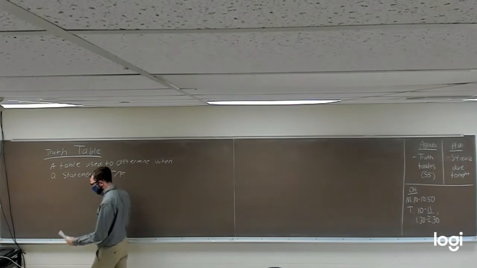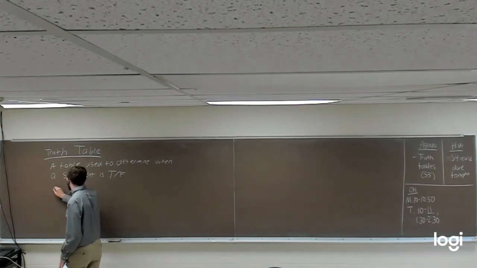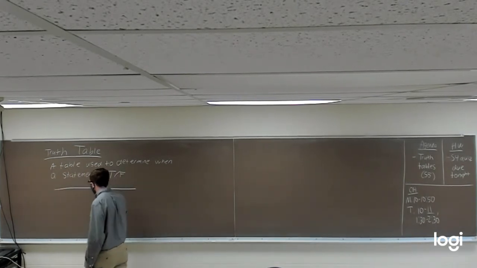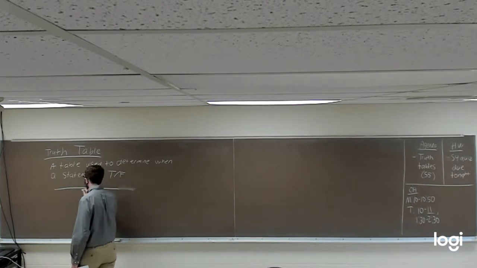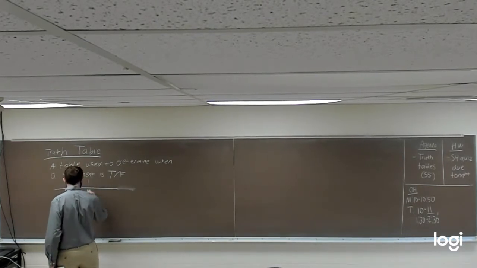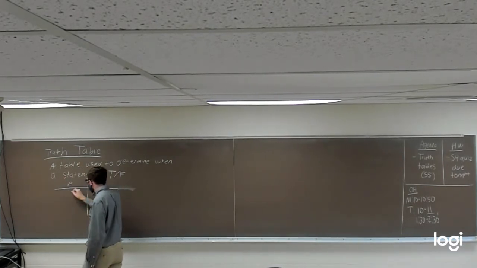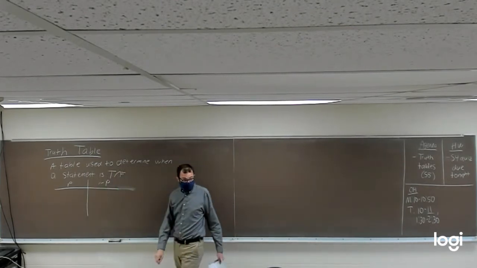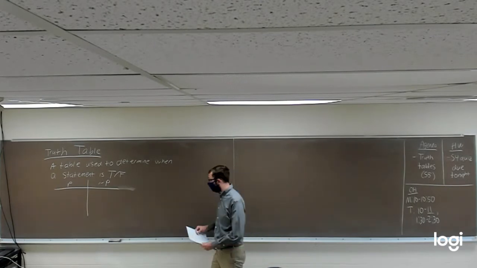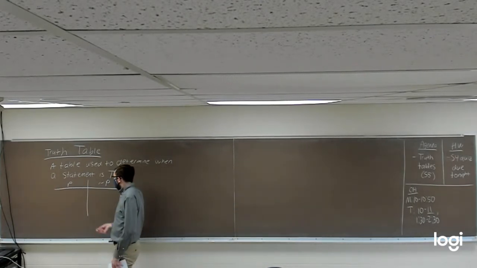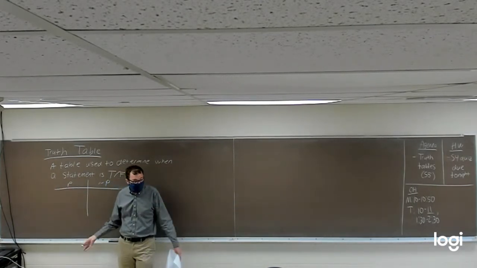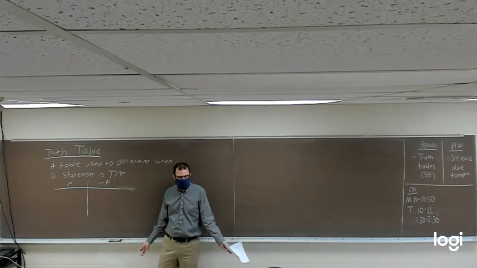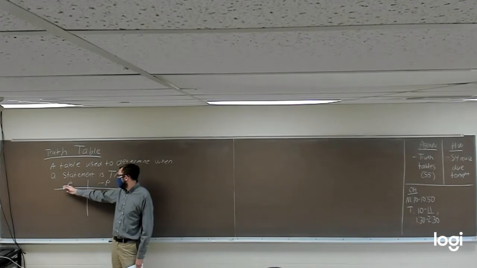Typically, when you construct a truth table, you're going to have a header row, where in this case, our header for our simple table is just going to have two statements in it: P and the negation of P. If you look at the simplest statements, which are typically statements of the form P and Q, on the left-hand side, we see a P here.